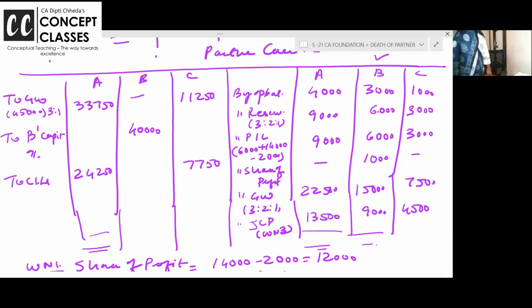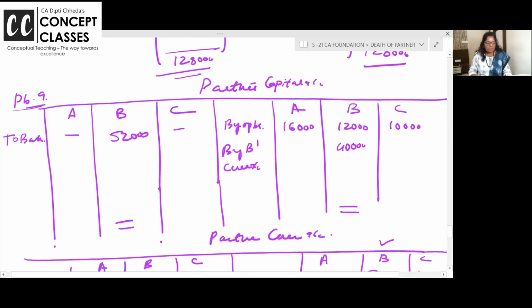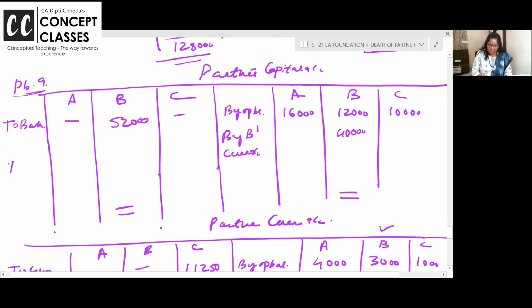Other two partners' capital accounts are just carried forward. What is the closing balance of the capital? Same, 16 and 10, just carried forward.